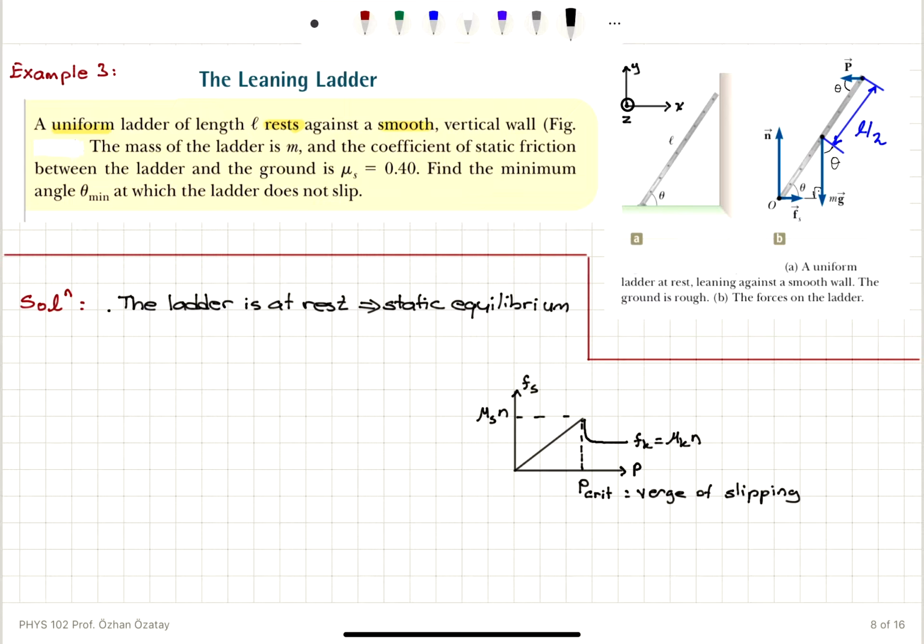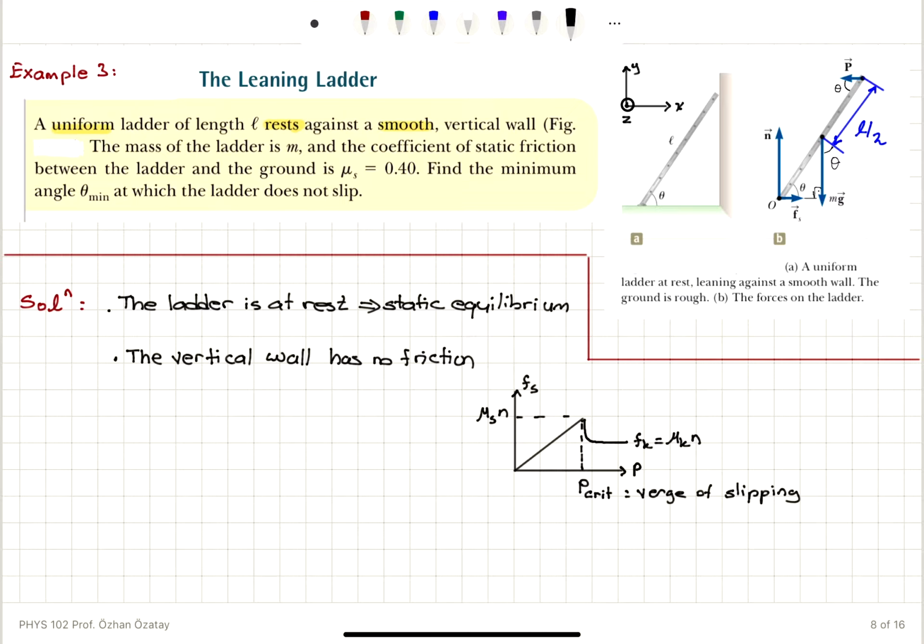And the second thing to note here is that the vertical wall has no friction.